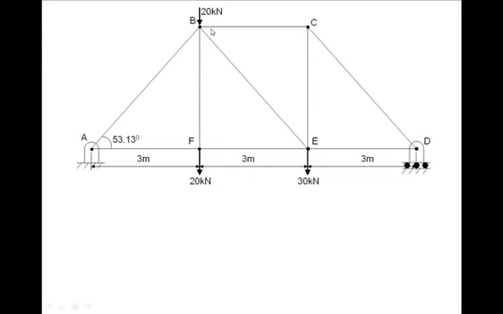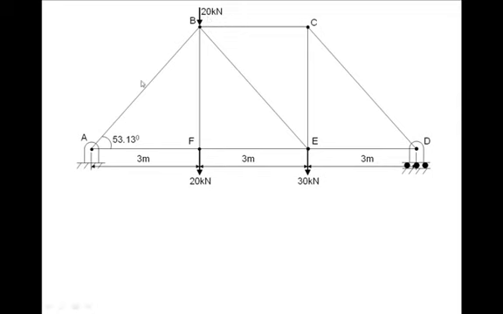It consists of members. At the ends they are pinned with other members. So all the joints are internal hinges, pin joints, and they are supported on regular external supports. Support A is a hinge, support D is a roller, and the joints are loaded as shown.